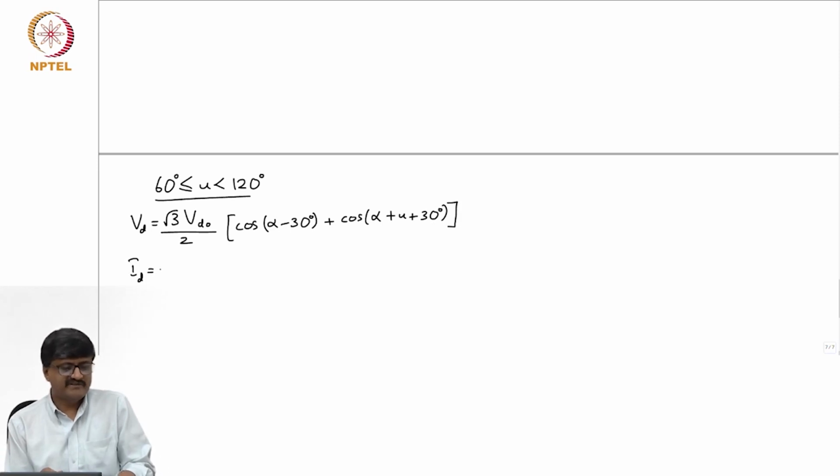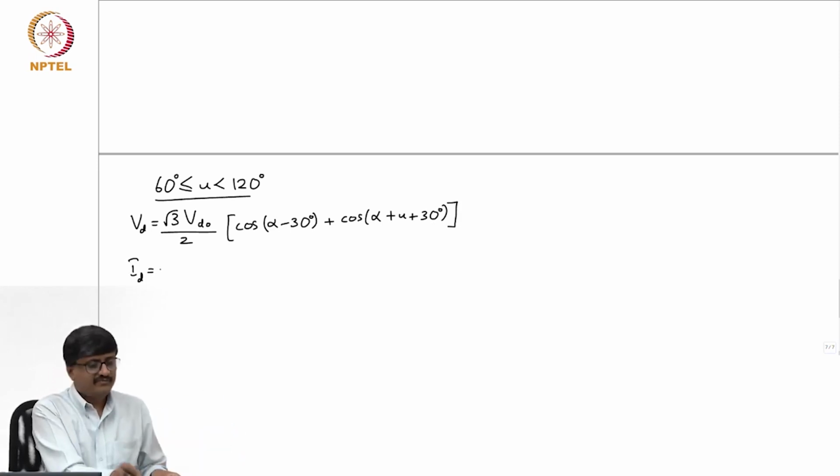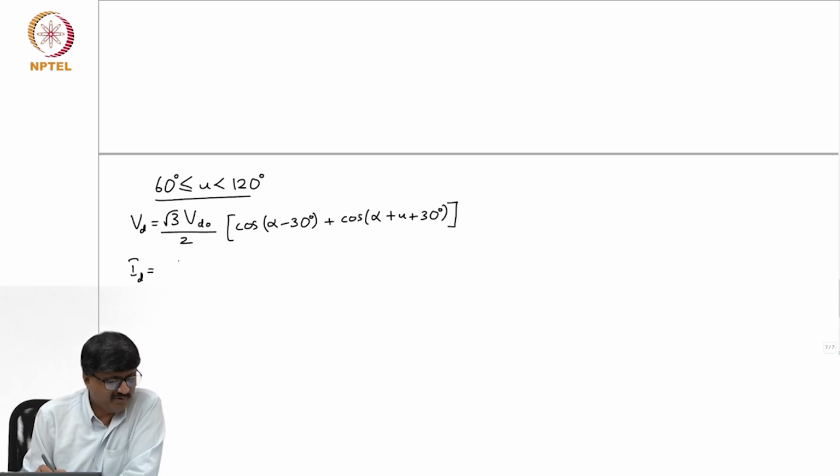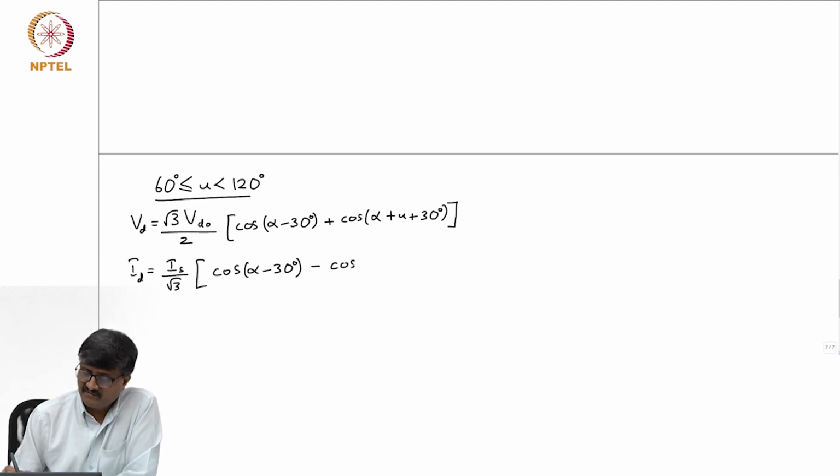Then the equation relating ID, IS, alpha and u is ID is equal to IS by root 3 into cos alpha minus 30 degrees minus cos alpha plus u plus 30 degrees.